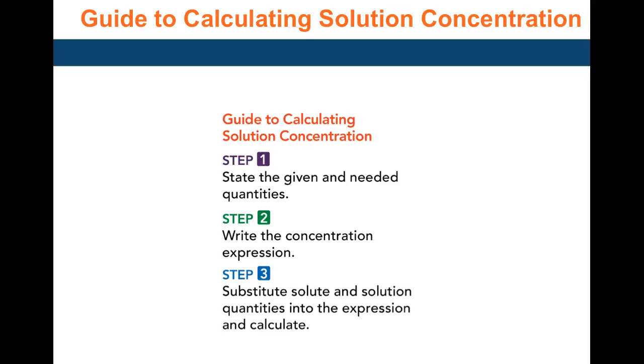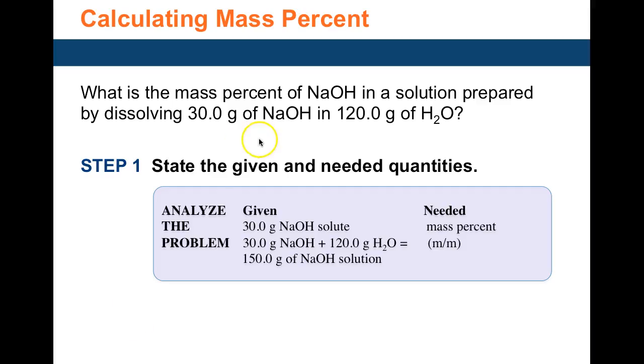What you can then do is use these expressions in problem solving. You can use the mass by mass as an equivalency and then calculate either the amount of solute or the amount of solution. So for example, in this particular study check, you have 30 grams of sodium hydroxide and 120 grams of water.